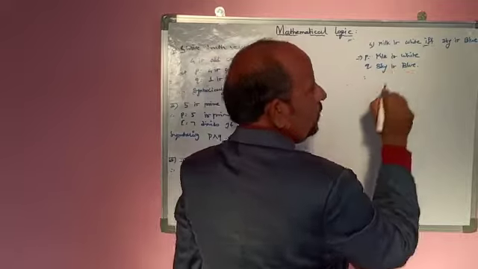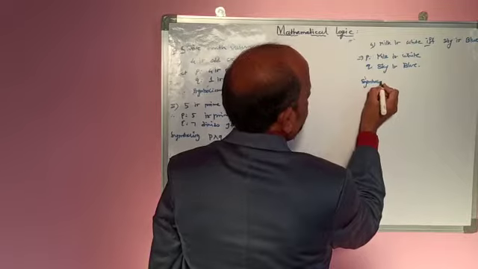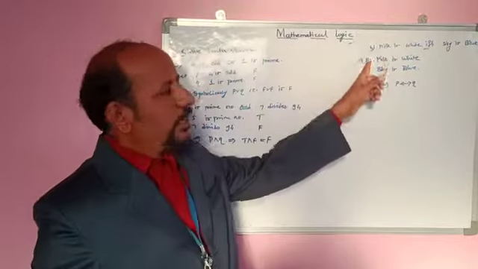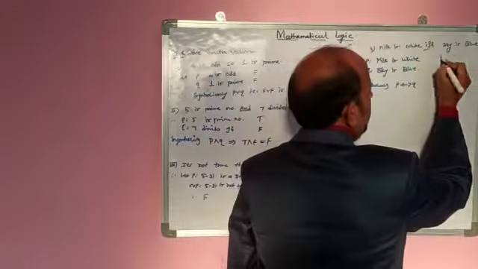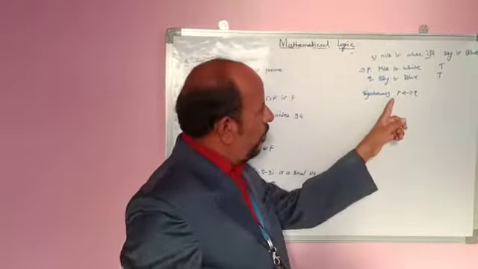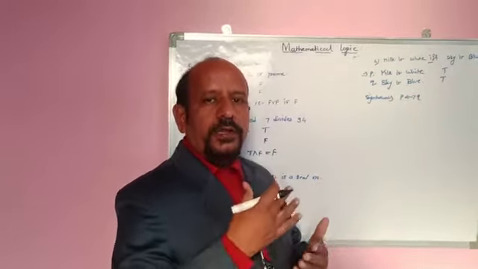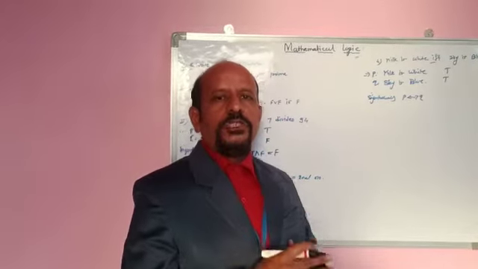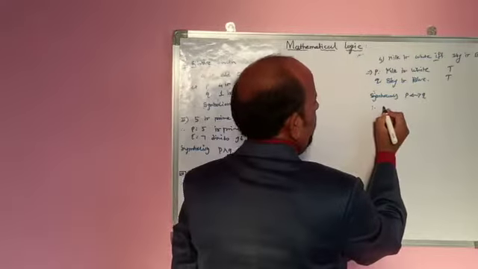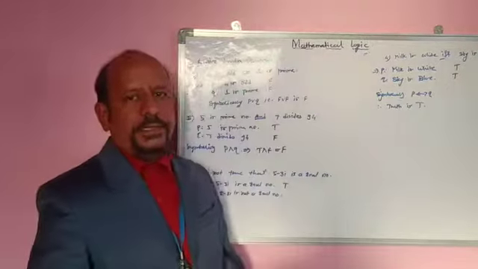Therefore, as it is if and only if, symbolically it is represented as P biconditional Q. But we know that milk is always white, its truth value is capital T. Sky is always blue, its truth value is also T. Therefore, P biconditional Q means T biconditional T. In the truth table of biconditional, if both the statements are true, then the final statement is true. Therefore, its truth value is capital T.